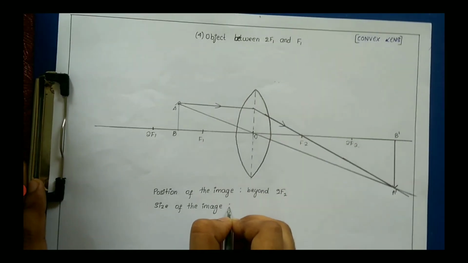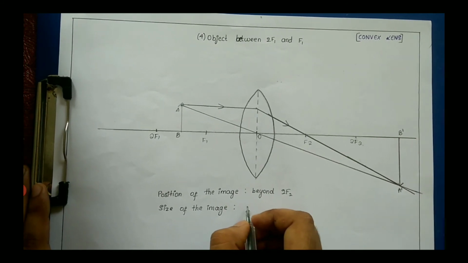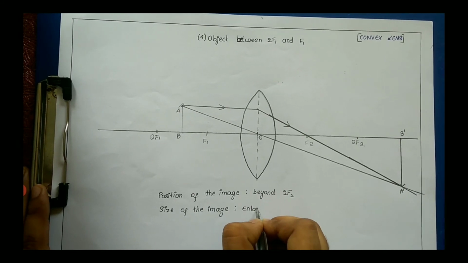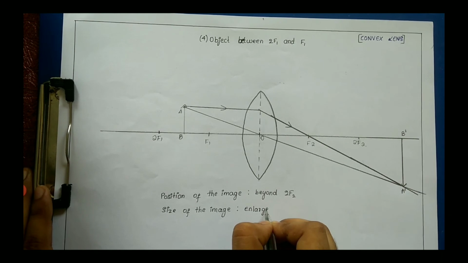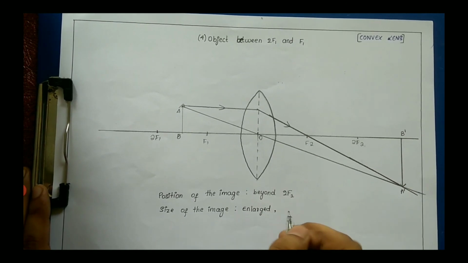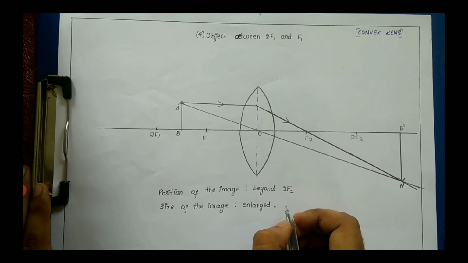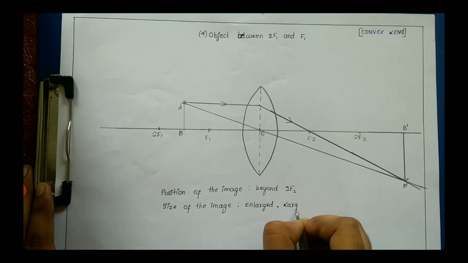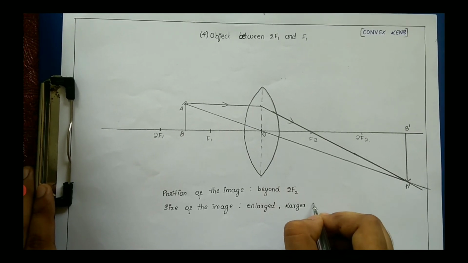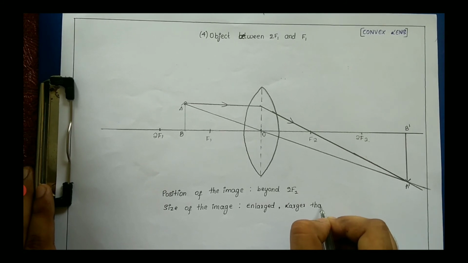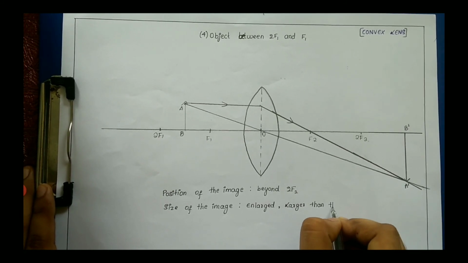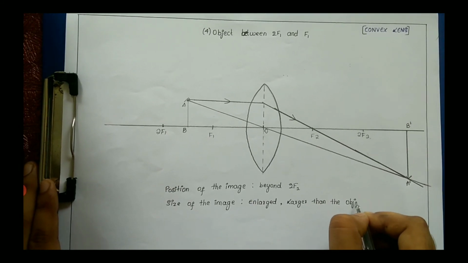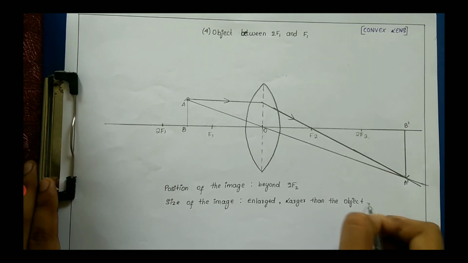Size of the image: it is enlarged, greater than the object. Image is larger than the object. Here you can observe A dash B dash is larger than AB. So size of the image is enlarged, that is larger than the object.